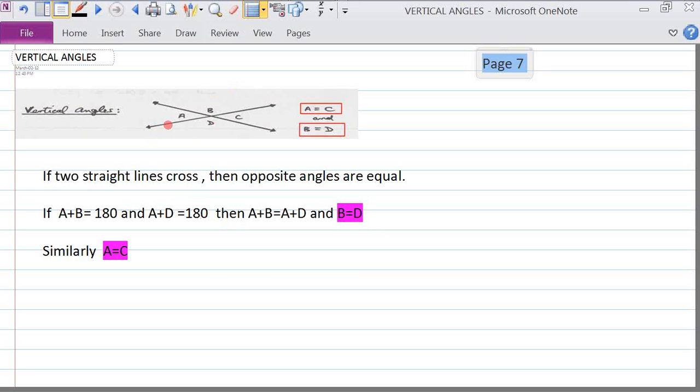We've got A plus B equals 180, and then we have A plus D, which is a straight line. Since A is common to both of these, we can cancel it, and B equals D. So that's what we've attempted to do right here.